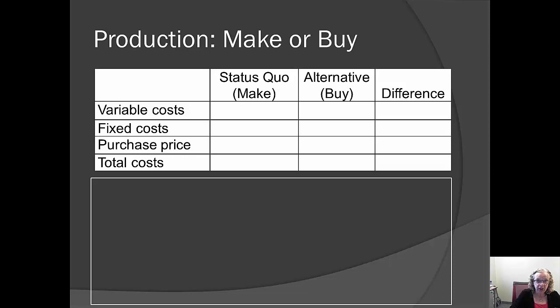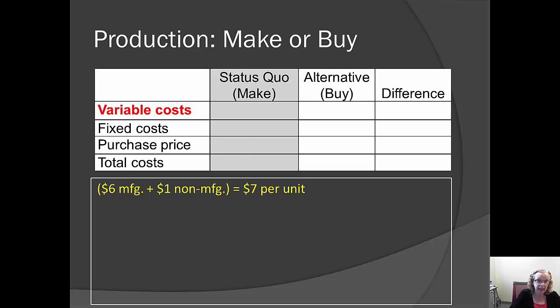The information in the previous slide told us that our variable costs to make the part include $6 of variable manufacturing costs per unit and $1 of variable non-manufacturing costs. That brings the total variable cost up to $7 per unit.